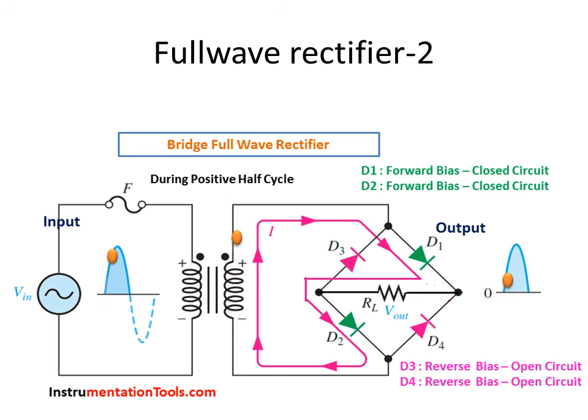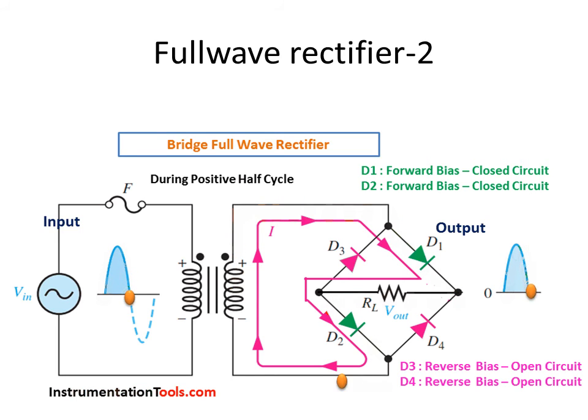This is the second option for constructing a full wave rectifier. You can see that it makes use of 4 diodes and it is called bridge rectifier. The circuit is similar in appearance to the Wien's bridge circuit. When you compare it with the previous one, the center tap full wave rectifier, we can see that you are not using the center tap point in the secondary.